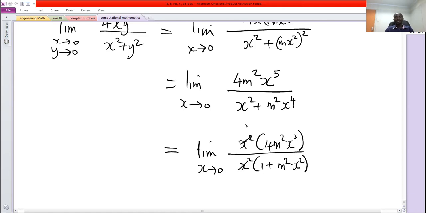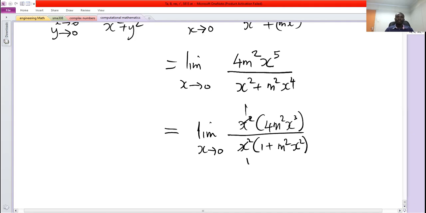So this and this will cancel out, so that we'll have the limit as x approaches 0 of 4m squared x to the power 3 divided by 1 plus m squared x squared.